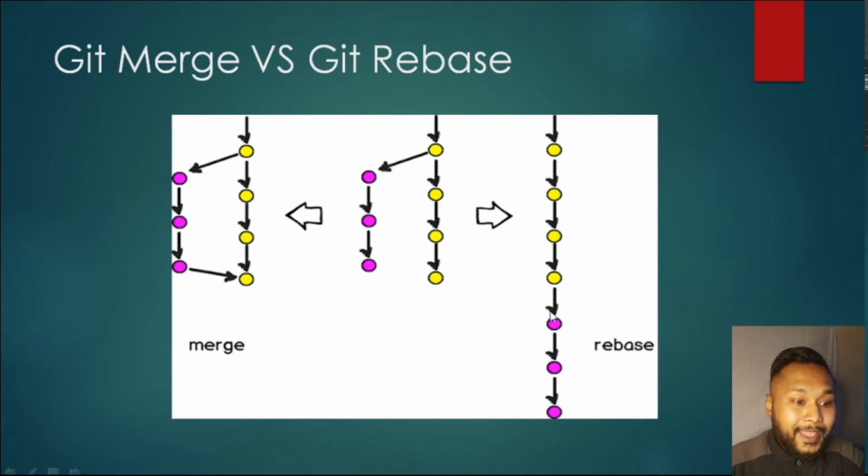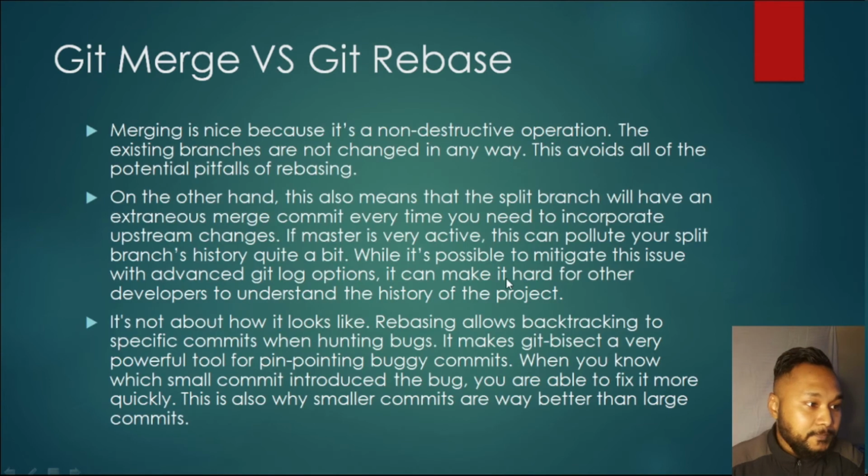Everything we did here goes onto master and it starts new, and we have it in a linear way, not in a cyclic way. So basically, Git Merge is in a cyclic way, and Git Rebase is in a linear way. So we move on to the next slide.